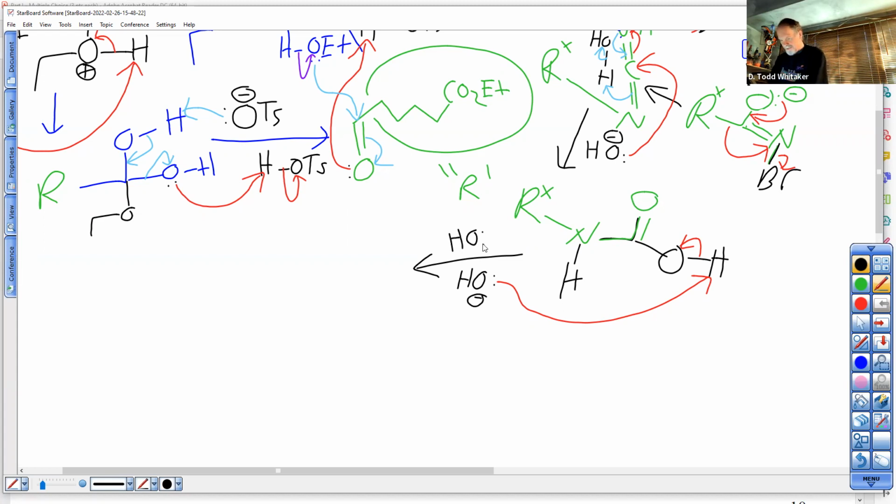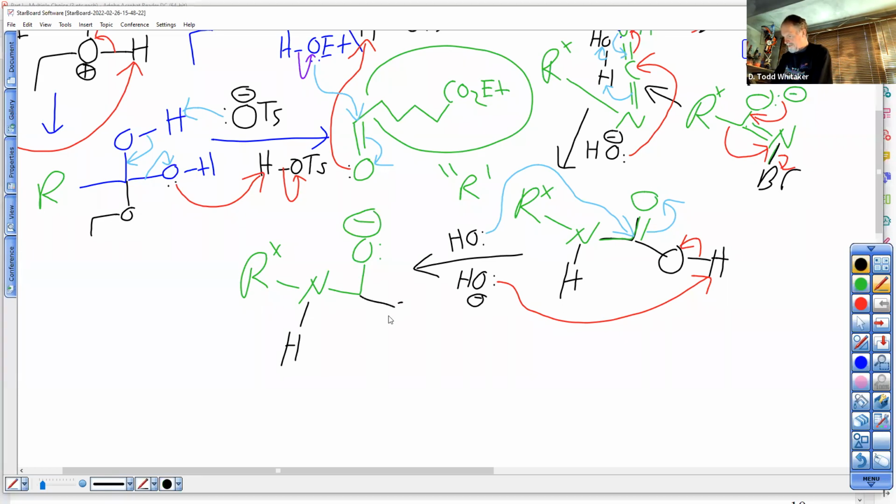Large excess. So your next step, hydroxide comes in and attacks the carbonyl. Pi breaks. We've got Rx attached to nitrogen, attached to H, attached to carbon that's not a carbonyl anymore. It's got another O minus. It's got a new OH.